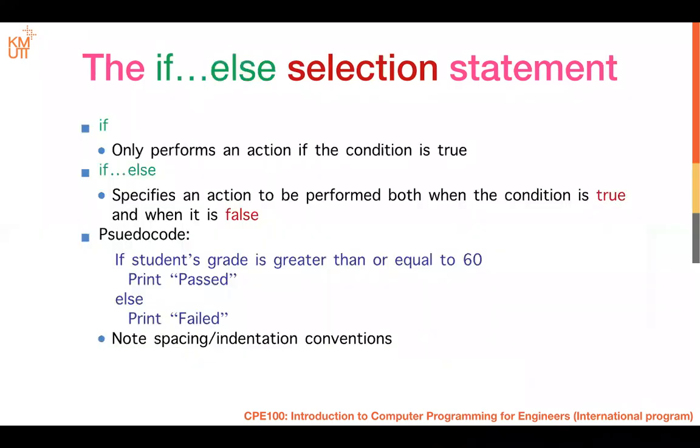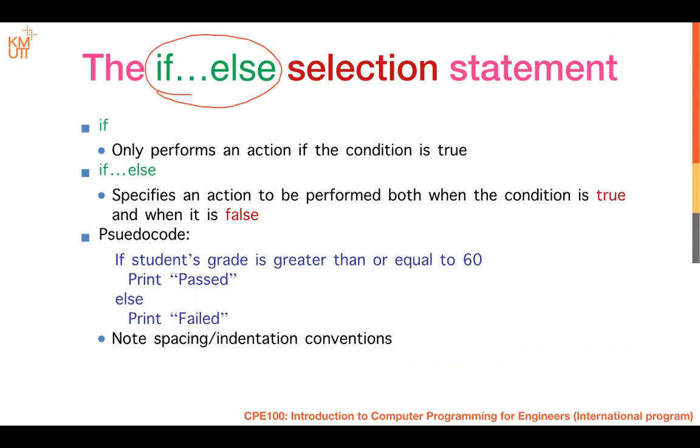Okay, next. When we have an if statement, right? Sometimes we need to know what we will do when the selection statement is false, right? So we are going to have the if else statement, right? If only performs an action if the condition is true, but what happens if the condition is false? So we can use the if else statement.